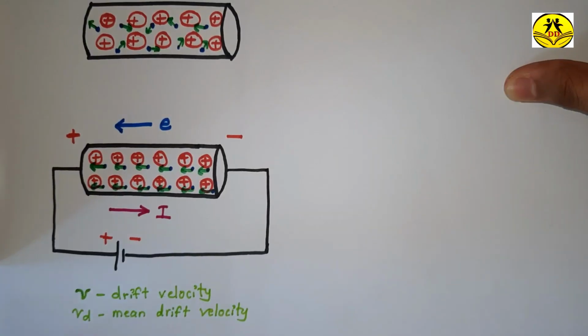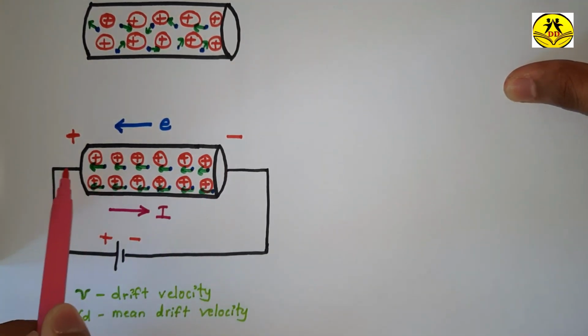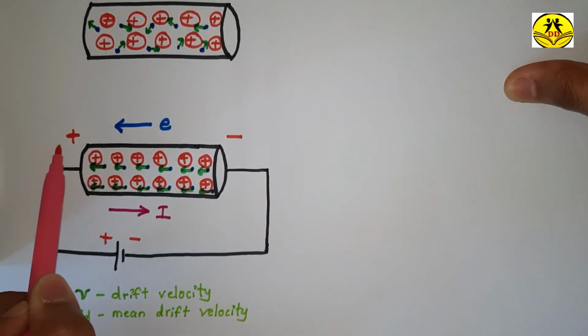So now you got to know what drift velocity is. Now let's write an equation for the drift velocity. So drift velocity is the average velocity of an electron which moves from the negative terminal to the positive terminal.